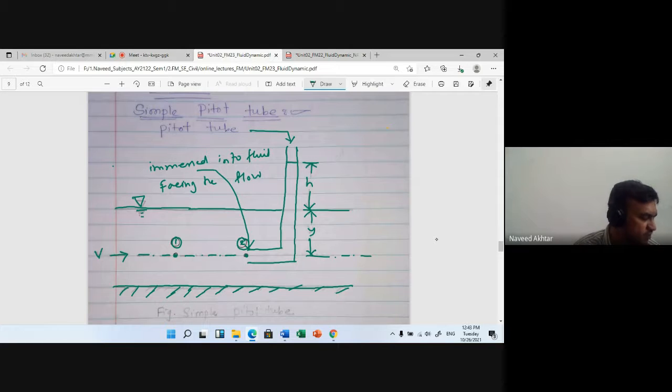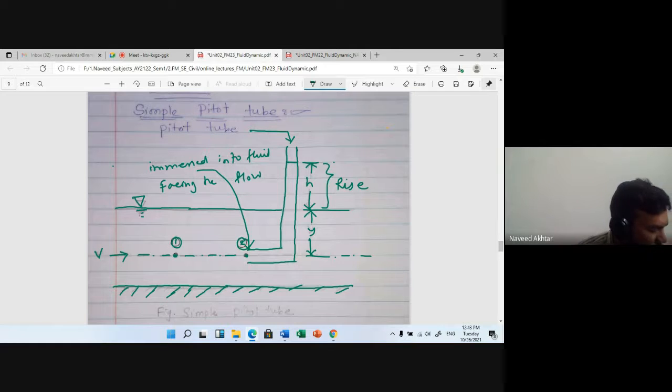From the rise of fluid in the tube, velocity can be calculated. So from this rise h, you can measure the velocity. How can we measure the velocity?